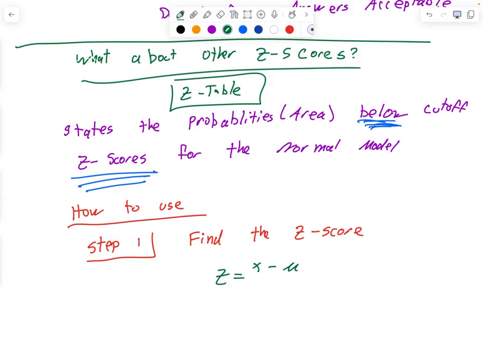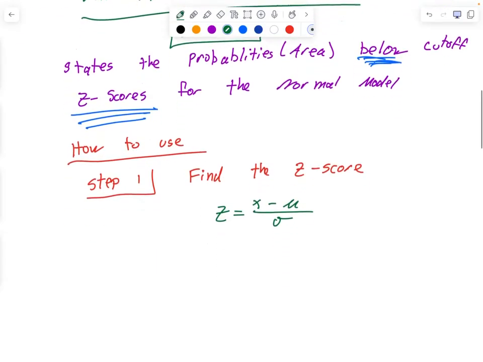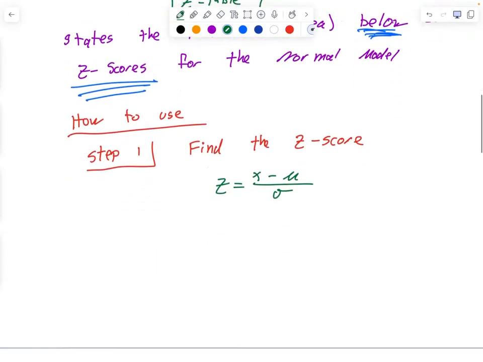Step 2. Make a sketch of the shaded region. Okay, so we're going to make a sketch. That sketch doesn't have to be precise, just something like this. And then we'll state what the mean is.